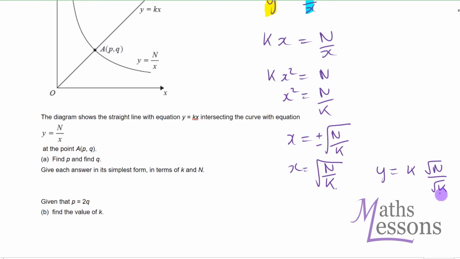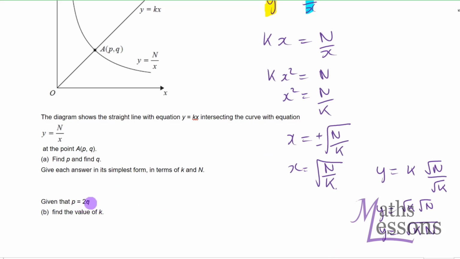So I've got the square root of k times the square root of n, and it's probably best written as the square root of kn. Either of these two would be okay, but it does say simplest form, so this one isn't good enough.